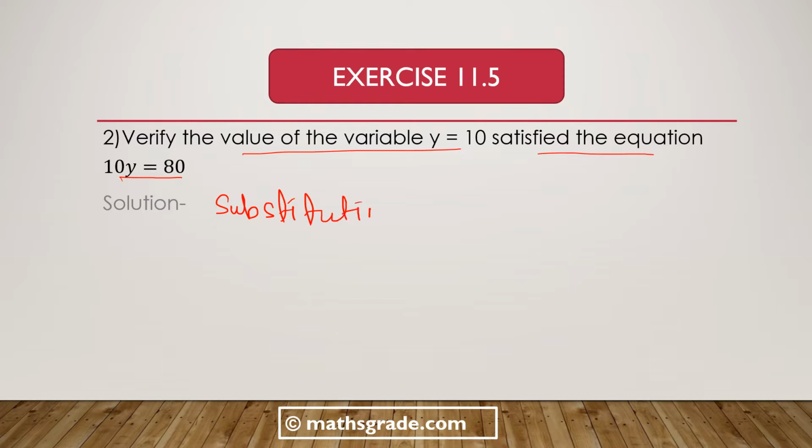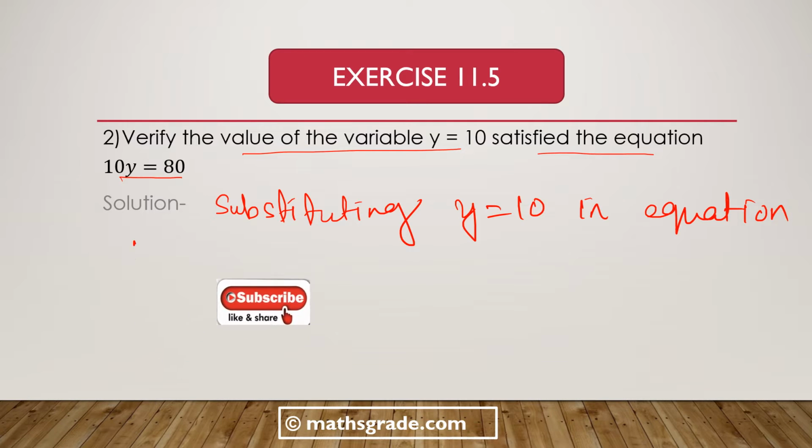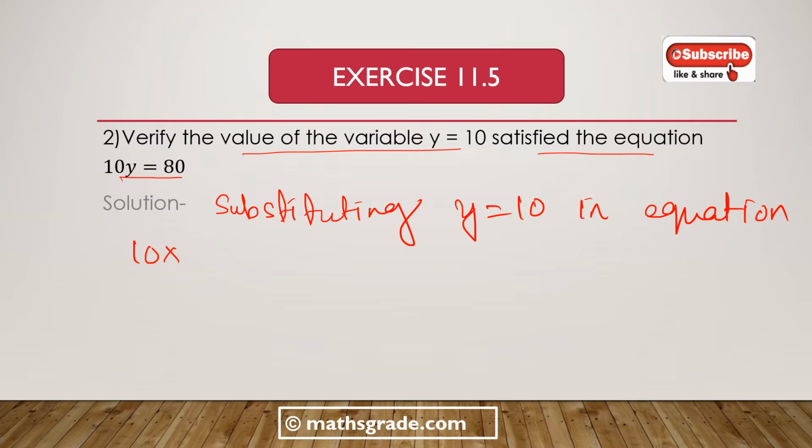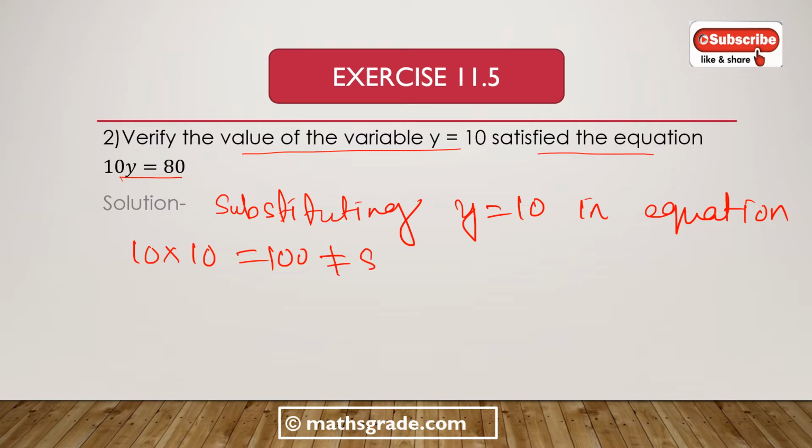Substituting y equal to 10 in the equation 10y equal to 80. 10 multiplied with y, the value of y is 10. 10 multiplied by 10 is 100, and 100 is not equal to 80. This is the left hand side and 80 is on the right hand side, and this is not equal.